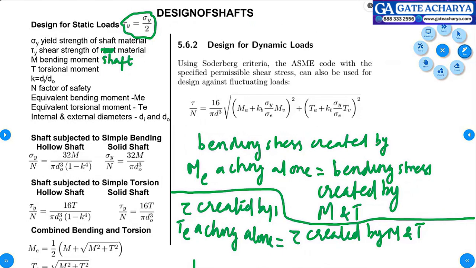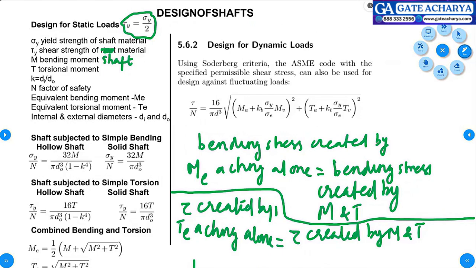Right? So designed for dynamic loads. Soderberg gave an expression for designing shaft subjected to fluctuating bending and torsion loads. So this is the formula. Ma is the amplitude of reversing bending moment. Ta is the amplitude of reversing torsional moment.